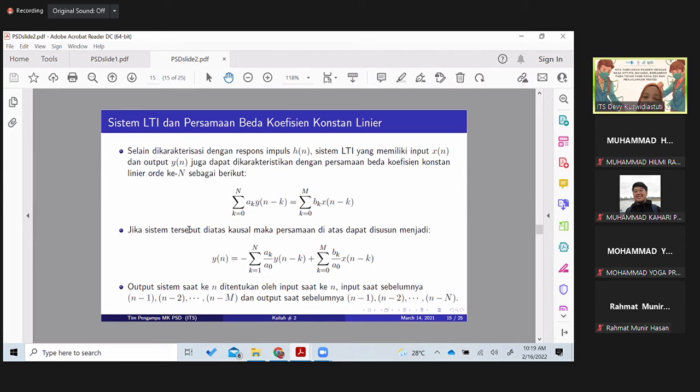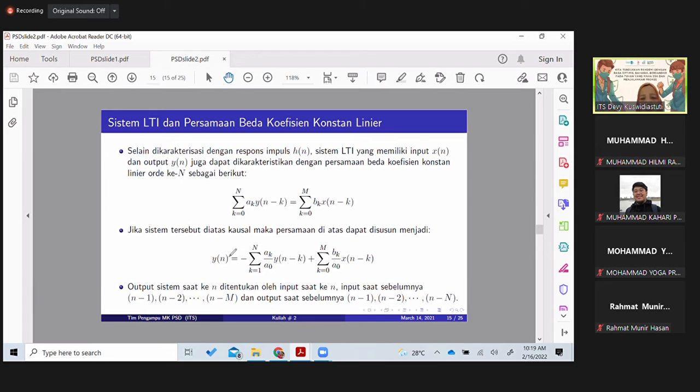So if we assume that the system is causal, then we could simplify, or change this equation into the next one here. So how did it change from here to here?